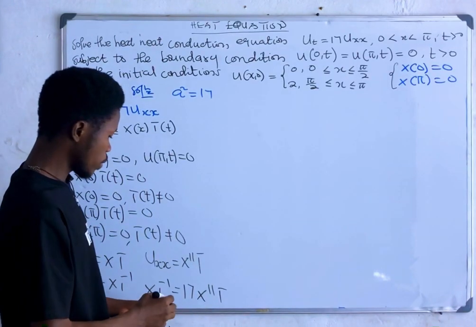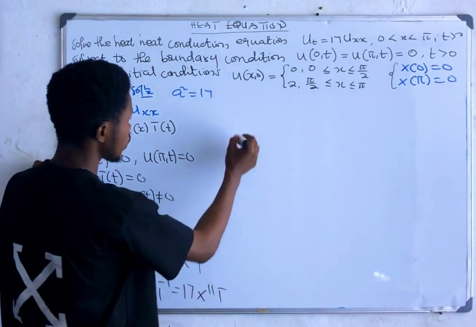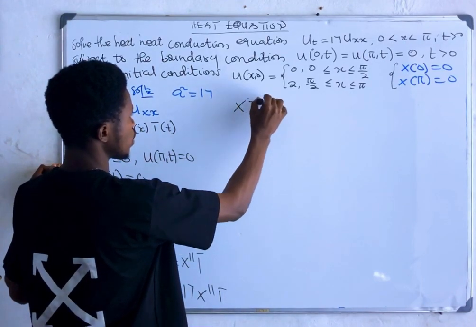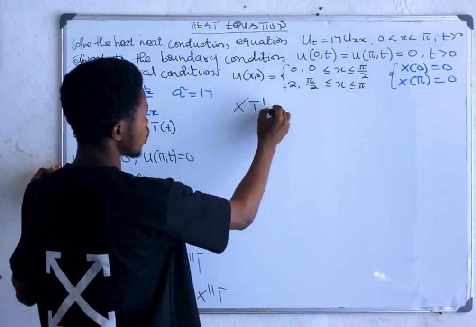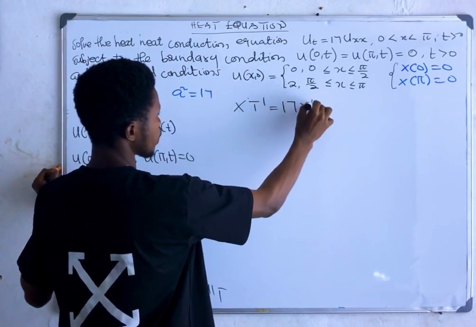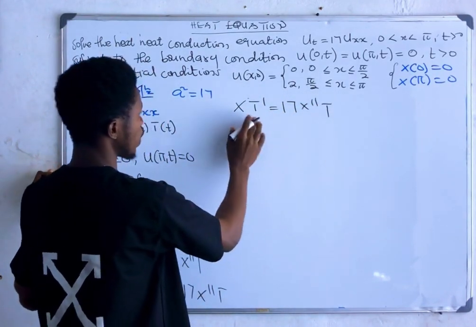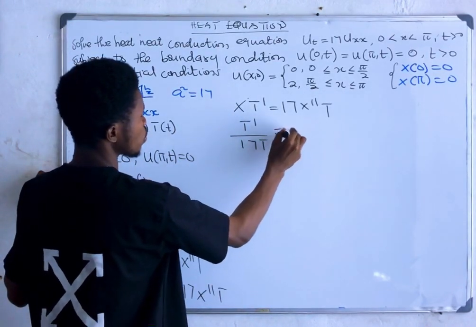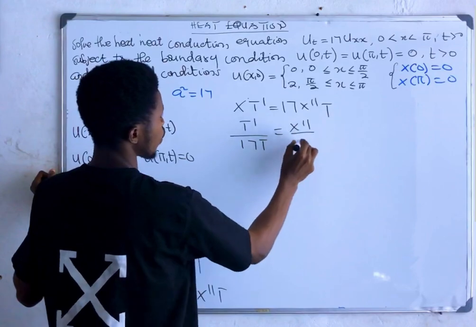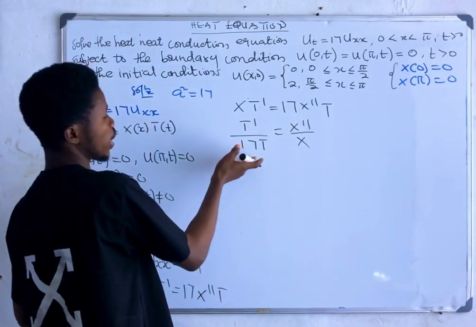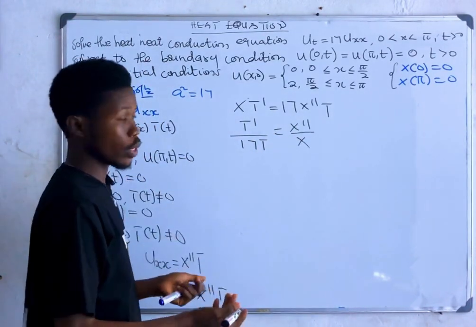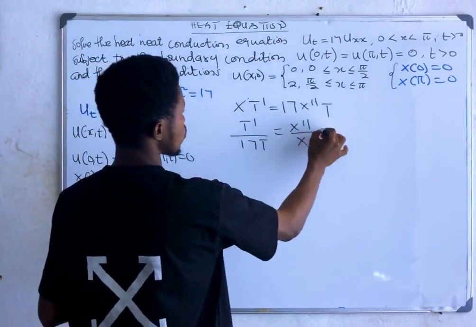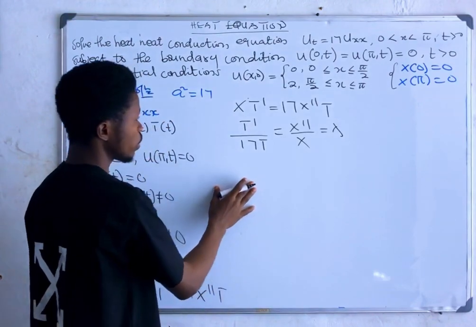So let's divide it. Let me write it twice so that you can see: X T prime equals 17 X double prime T. So let me divide, and we get T prime over 17T equals X double prime over X. You can decide that you bring the 17 here; wherever you bring it, no problem with that. Is that okay? And we say that all this should be equal to what? Lambda.